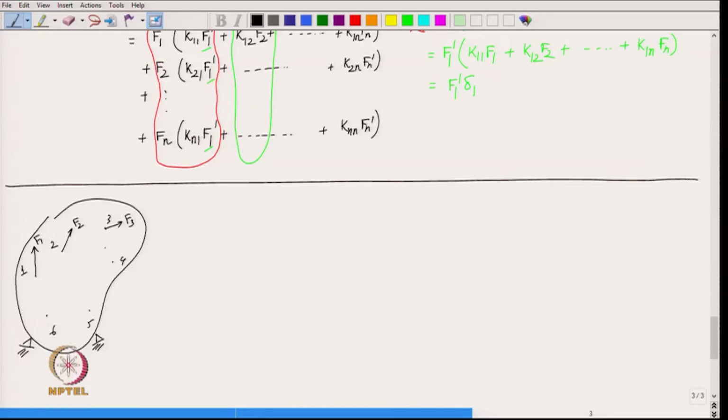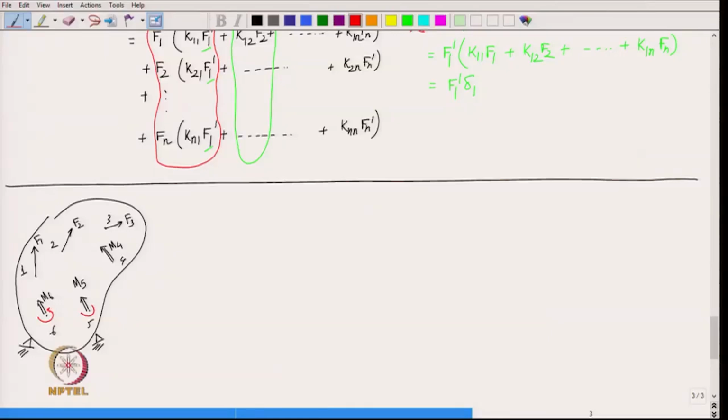Okay. So, here for example, we can apply moments m_4, m_5, m_6, and we can measure then the corresponding rotations, the rotation in the same direction as the moment, just as for the corresponding displacement. So, we will have corresponding rotations here, and then the corresponding displacements also, of course.